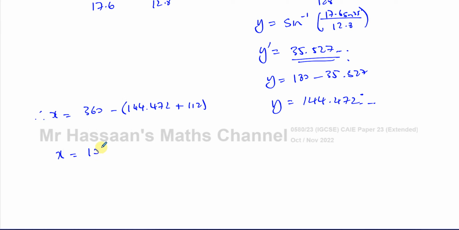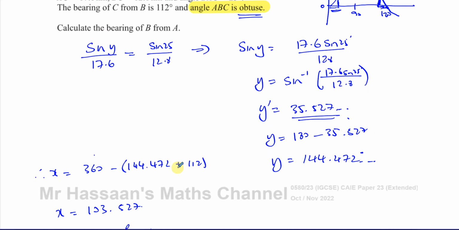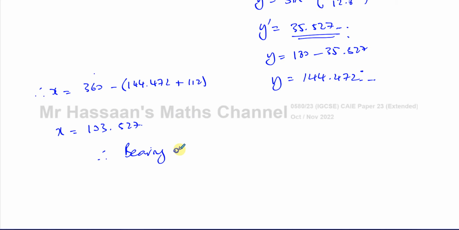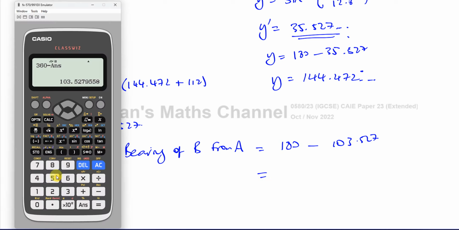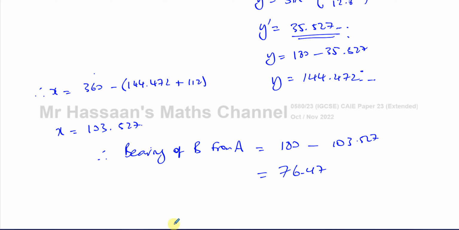So x equals 103.527. Therefore we can say our bearing, the bearing of B from A that we're looking for, is going to be 180 minus this angle. So we take our answer here and do 180 take away this answer, and that gives us 76.472.